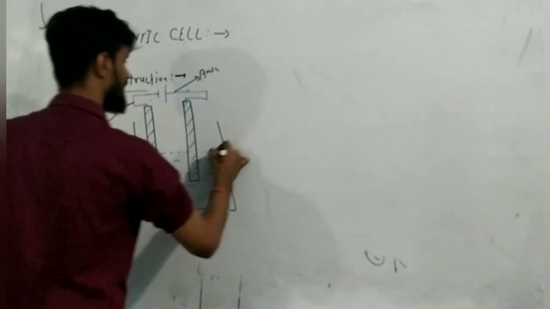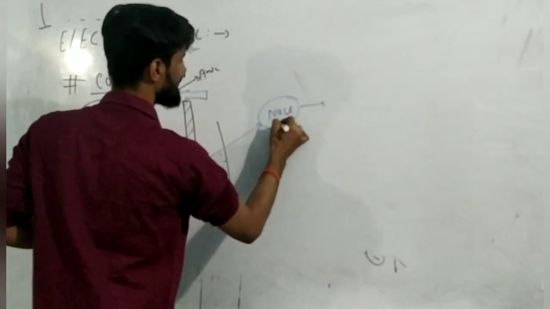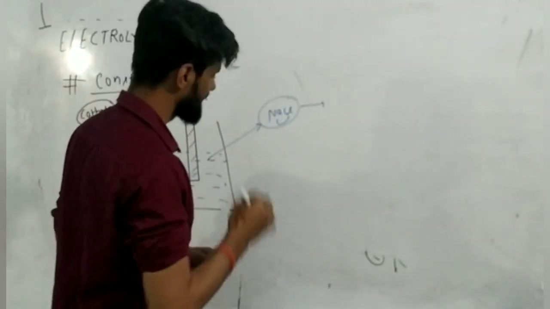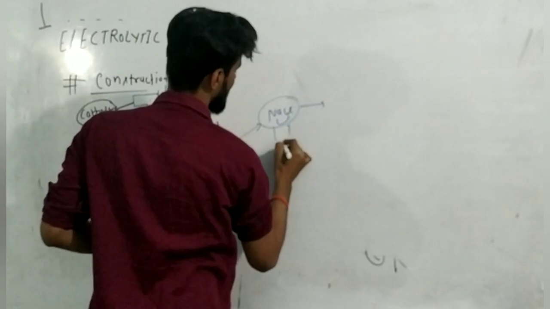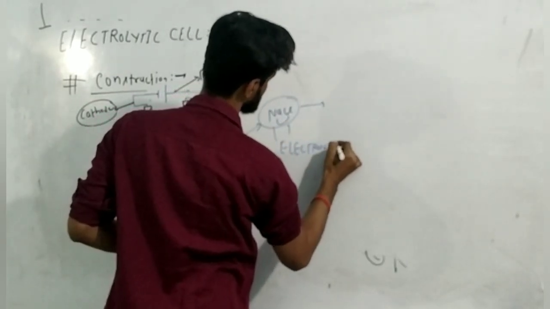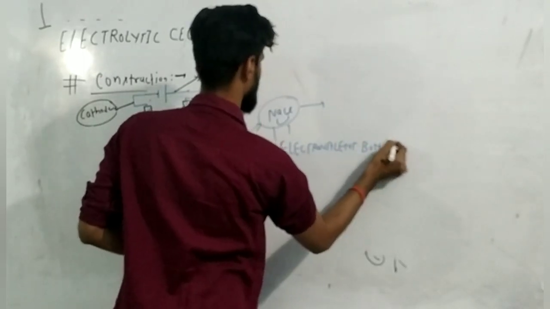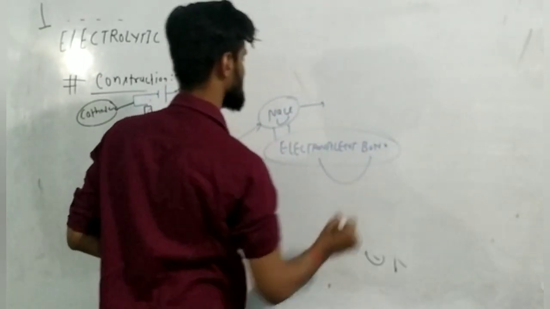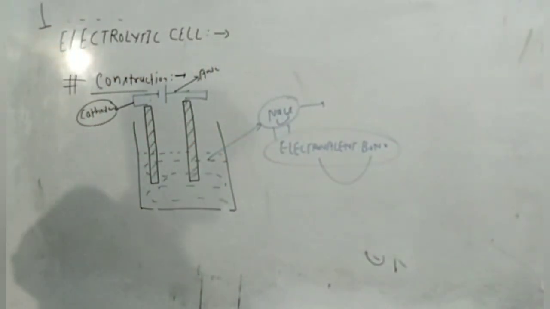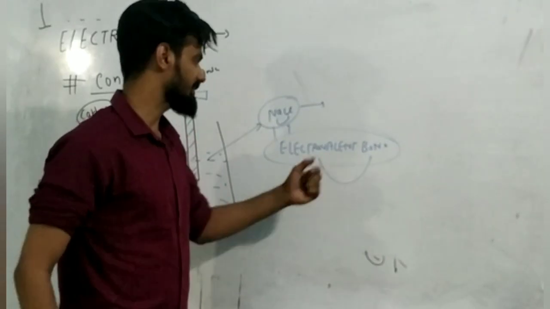Now understand, I have already discussed NaCl. This is a strong electrolyte. Why? Because in a strong electrolyte, if you see, there is an electrovalent bond. The ions get bonded with the help of an electrovalent bond.